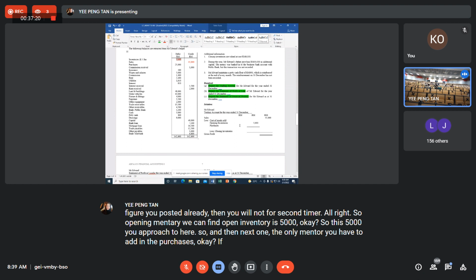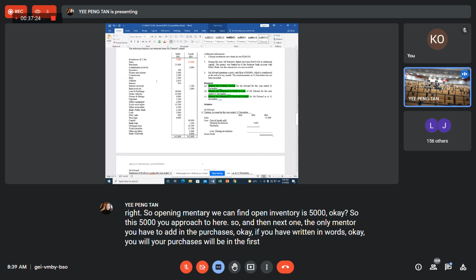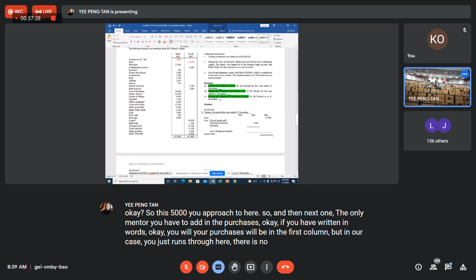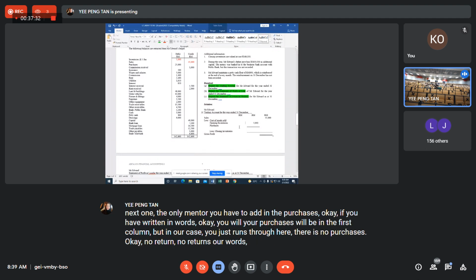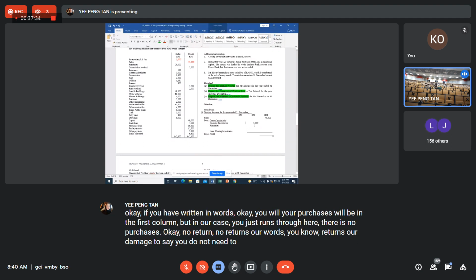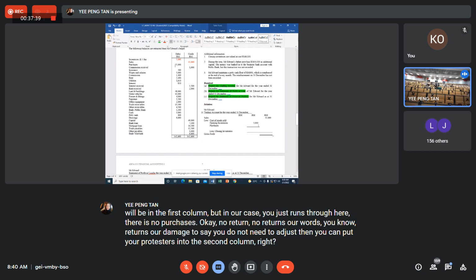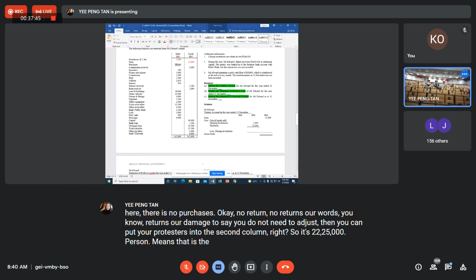If you have returns inwards, your purchases will be in the first column. But in our case here, you just glance through, there are no returns inwards and no returns outwards. That means you do not need to adjust your purchases, so you can put your purchases into the second column. It's 25,000, and this purchases figure is from here.